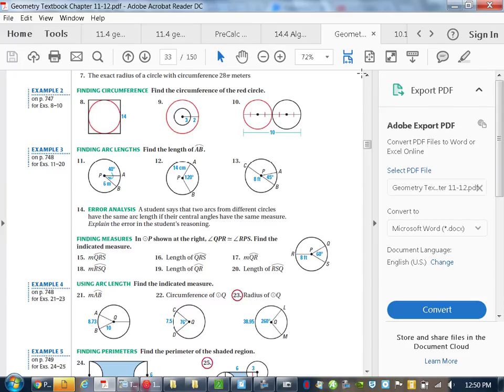So if the circle fits in the square, and the square has a side length of 14, what's the diameter of the circle that fits in the square? 14. What's the circumference if the diameter is 14?